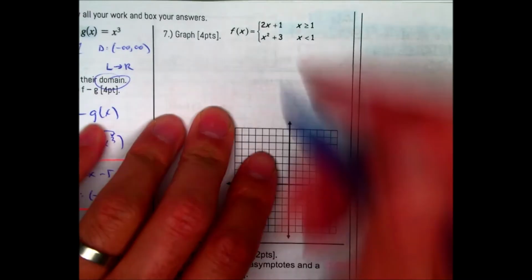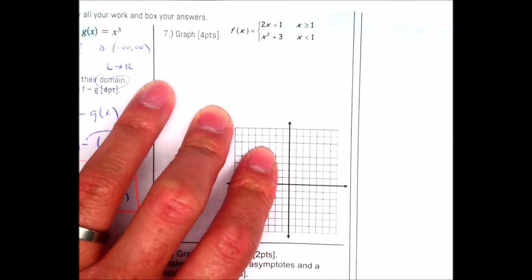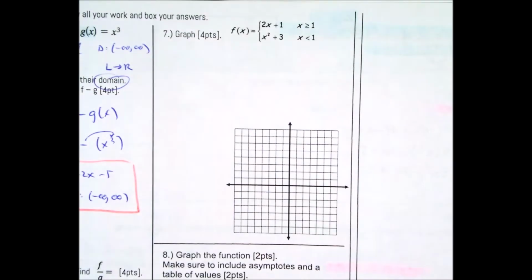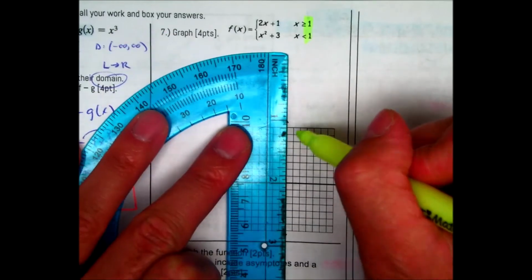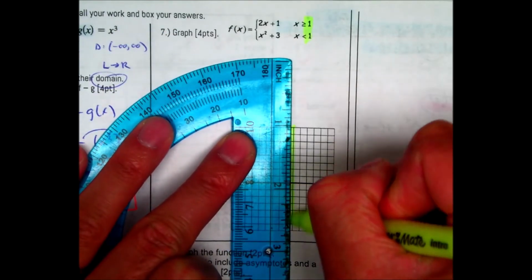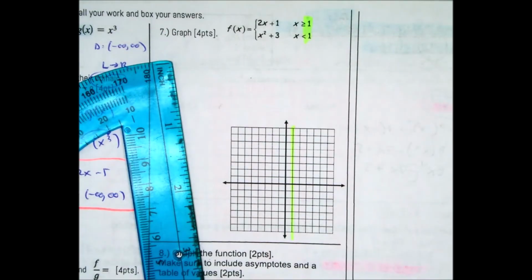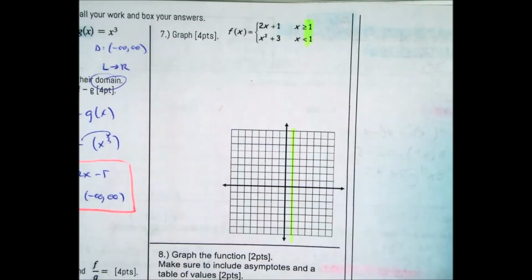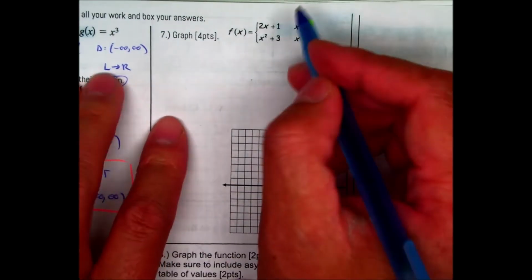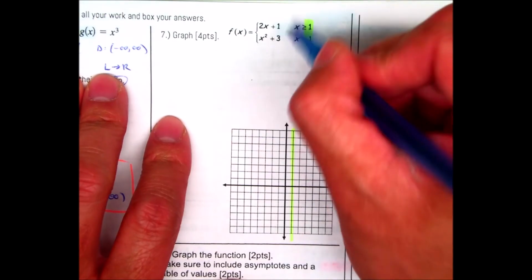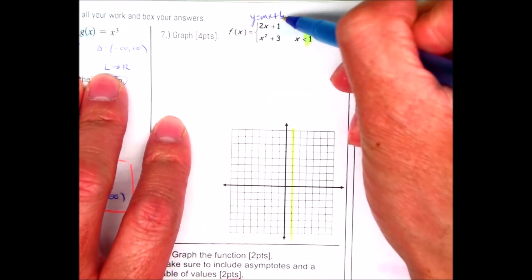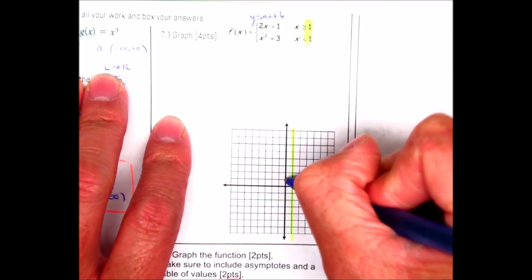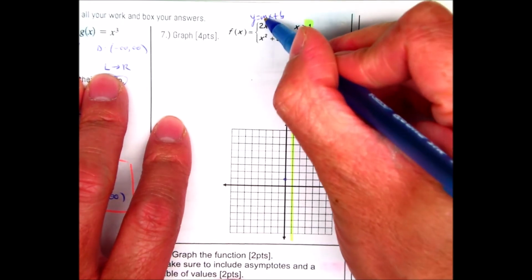Here I have a piecewise function, 2x plus 1, with a boundary at 1. This is not an asymptote, this is not a vertical line, it's just a boundary that helps us visualize. For the first function, 2x plus 1, I have a y-intercept of 1 and a slope of 2, or 2 over 1.